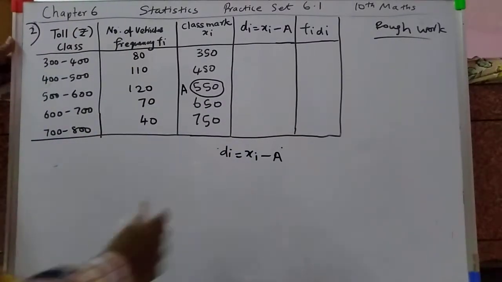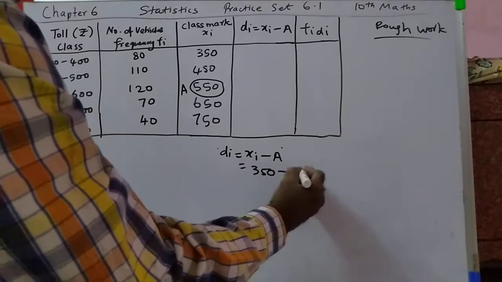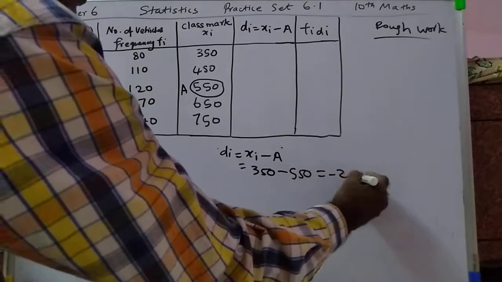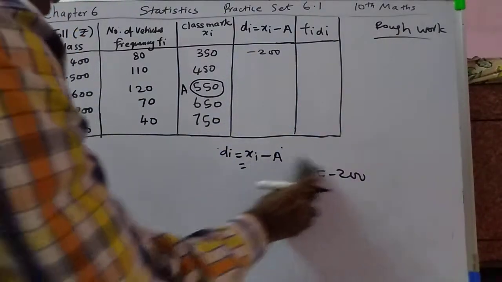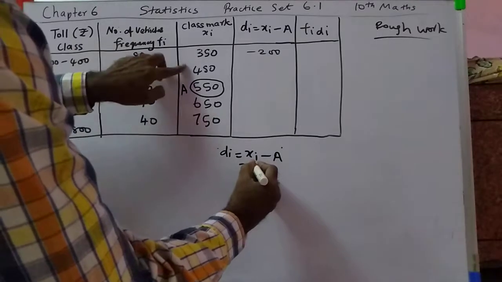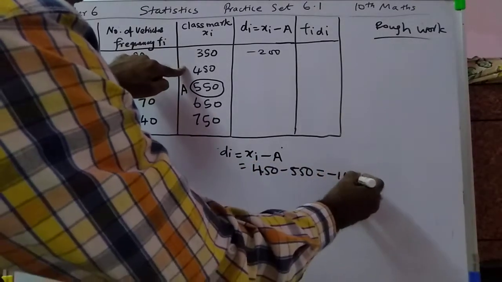Now we have to just put the value here. It will become 350 minus 550, that is minus 200. Next is 450 minus 550, minus 100.